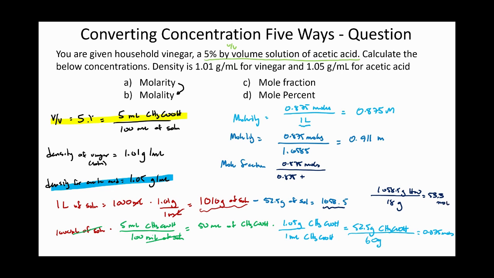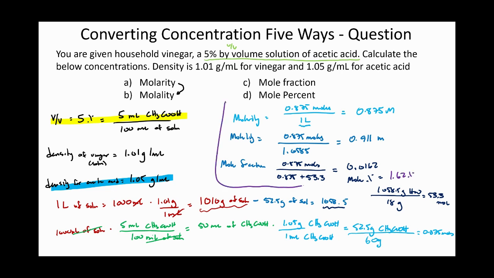We add that 53.3, and we get that our mole fraction is 0.0162, which means our mole percent, which I'll do in purple, is just multiplying that by 100, so 1.62%.